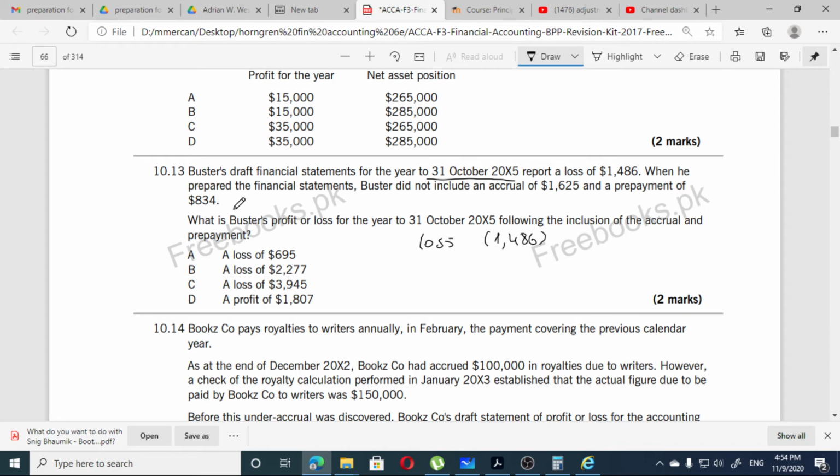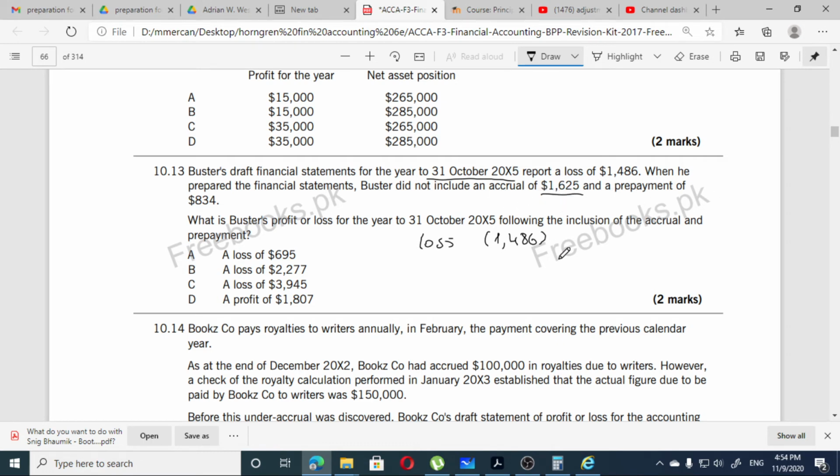When they prepared the financial statements, Buster did not include an accrual. An accrual means the expense was incurred but forgotten. So expenses incurred, and accruals also increase.